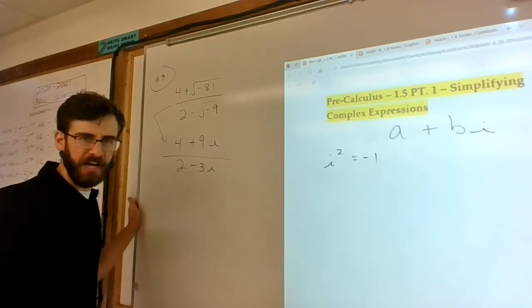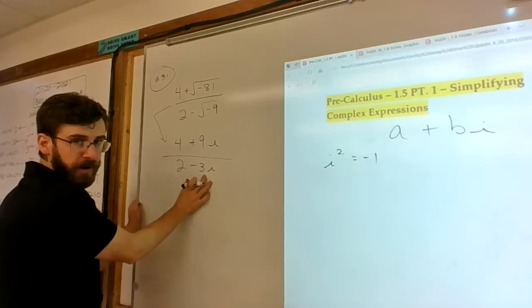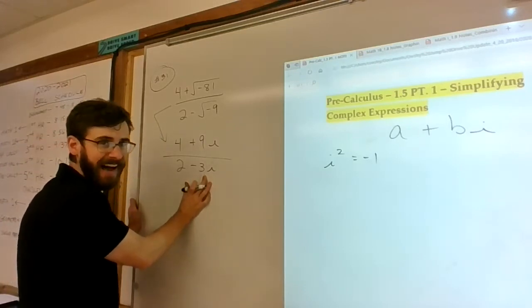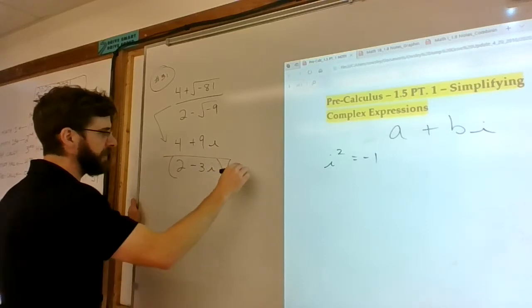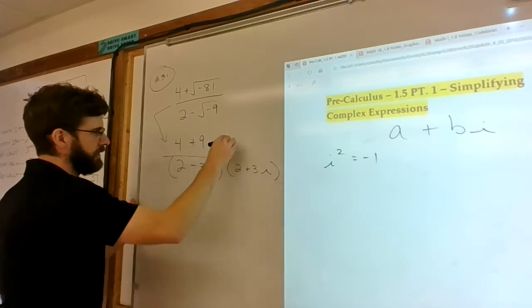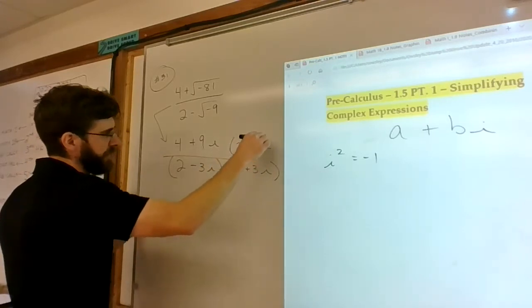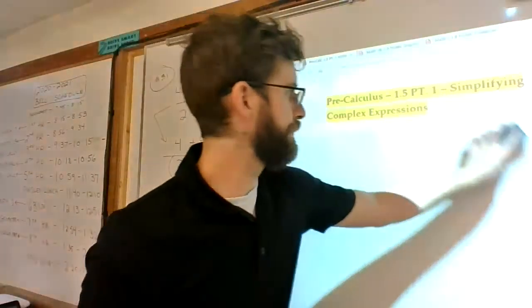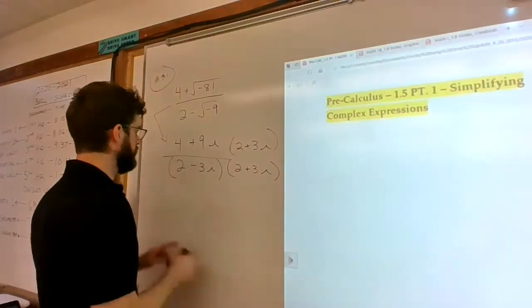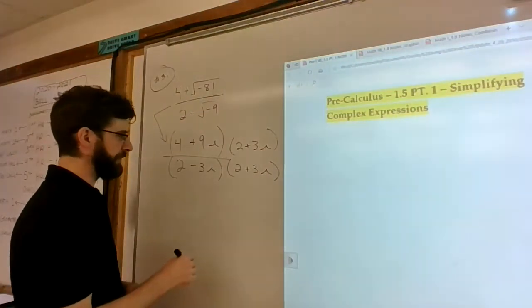Now multiply by the conjugate of the bottom, because we want to make the bottom a non-i term. So here's the conjugate, 2 plus 3i, both top and bottom. So make sure you put the grouping symbols everywhere they belong.